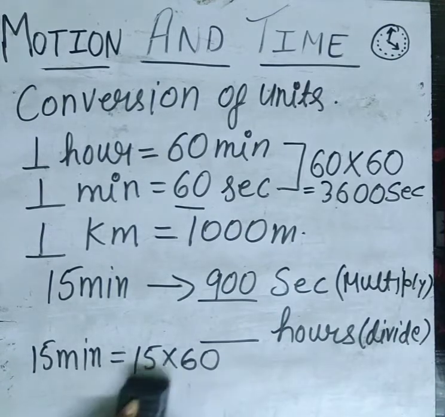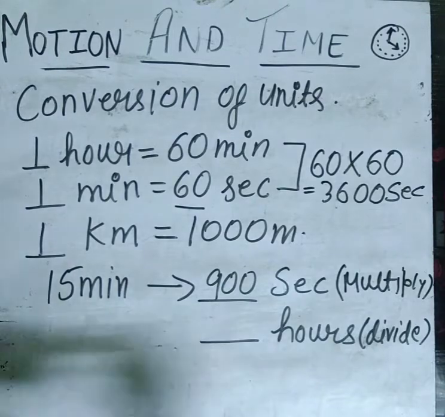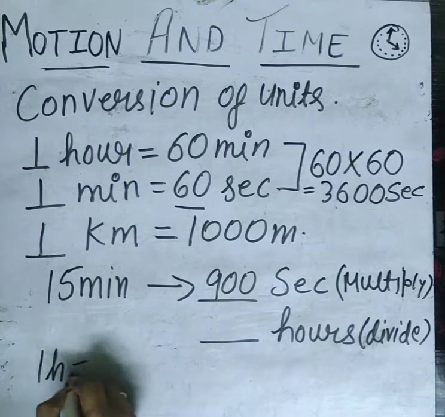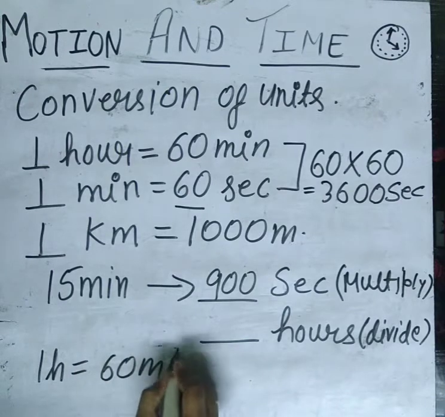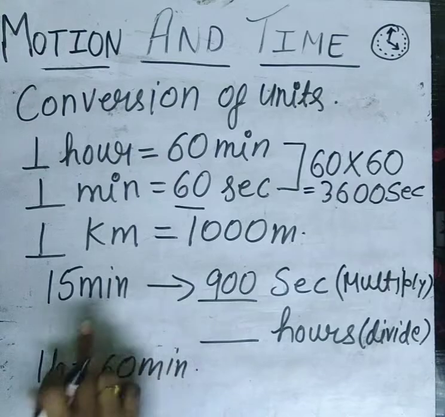Now if I want to convert this into hours, again we will use this formula: 1 hour is equal to 60 minutes. So if we want to know what will be the hour, we have to take this down. Here we have our 15 minutes present.